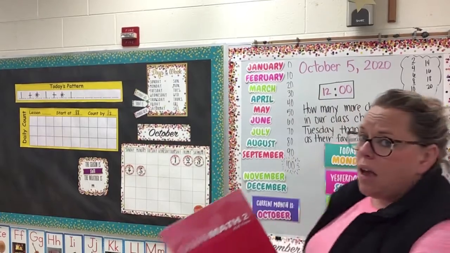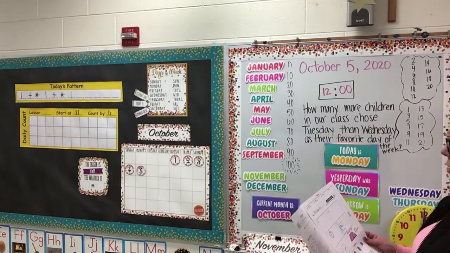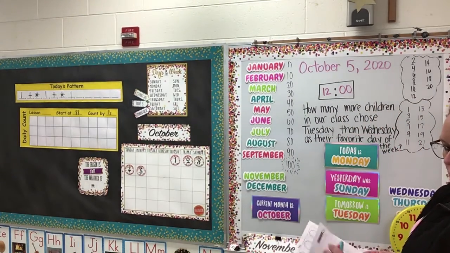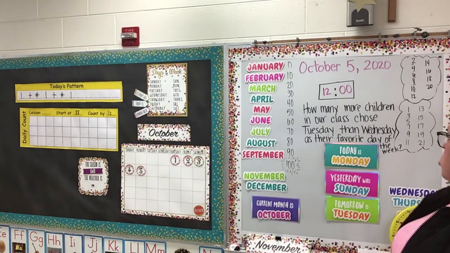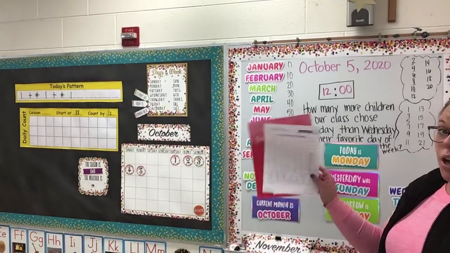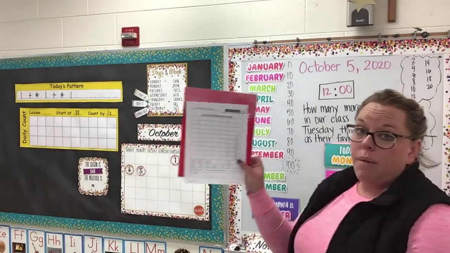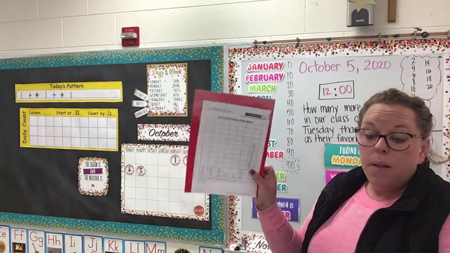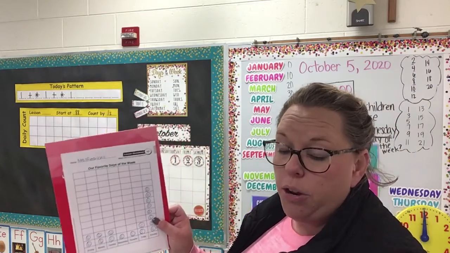Now, today our problem of the day says, how many more children in our class chose Tuesday than Wednesday as their favorite day of the week? So, in your red folder, you need to grab out your days of the week chart. This chart you were supposed to save and keep in your folder.